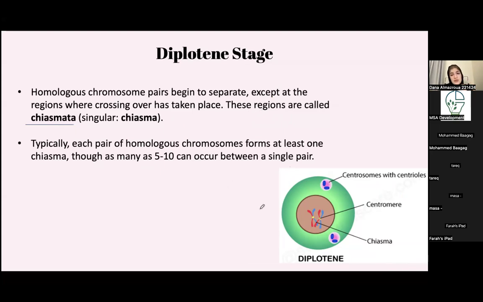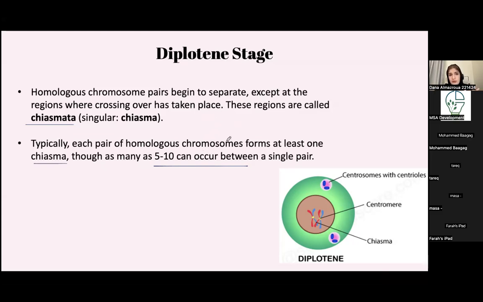And yes, they begin to separate because they were attached together, and now they're separating. Typically, in each pair of chromosomes, at least one crossover reaction happens, but it can go up to 5 or 10 crossing over reactions. So you can have up to 5 or 10 chiasmata in one pair of homologous chromosomes.